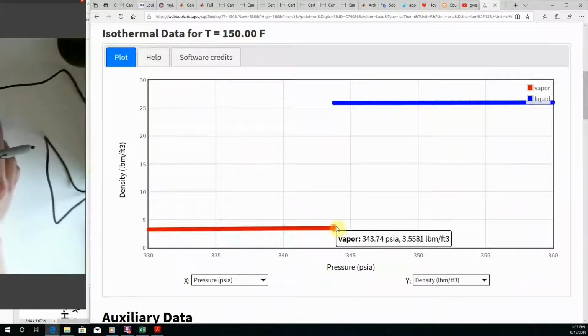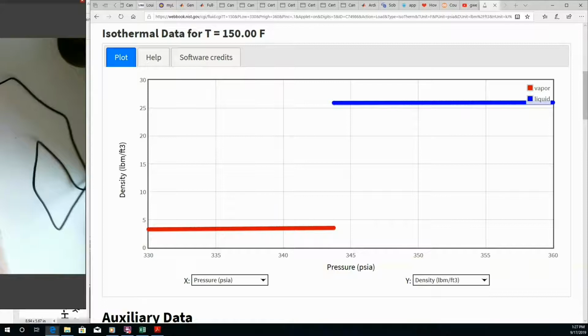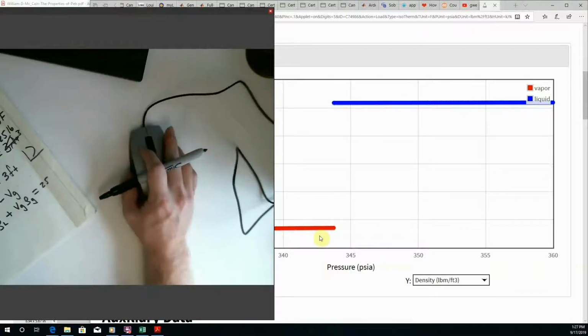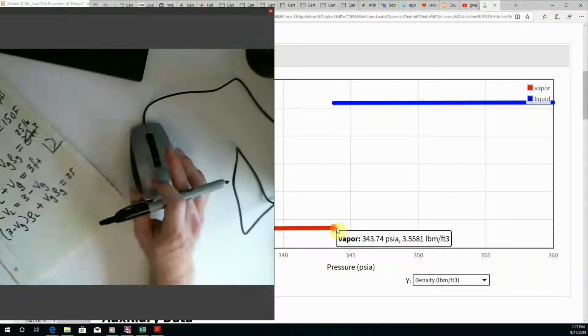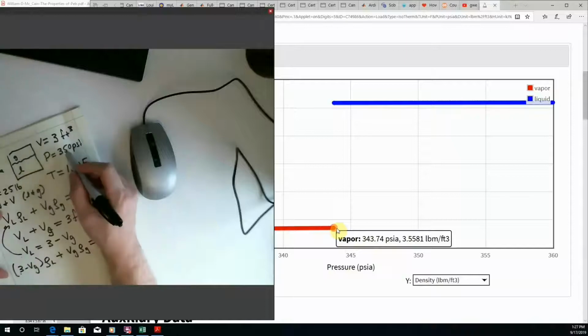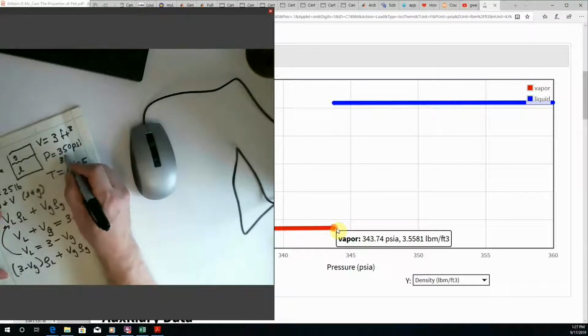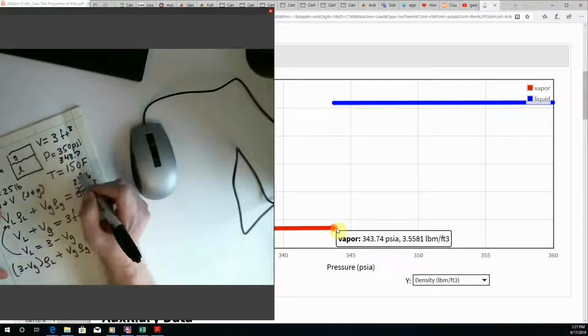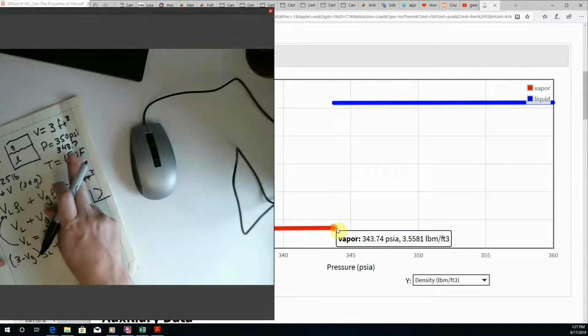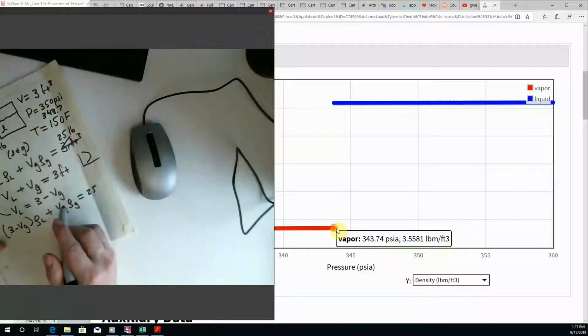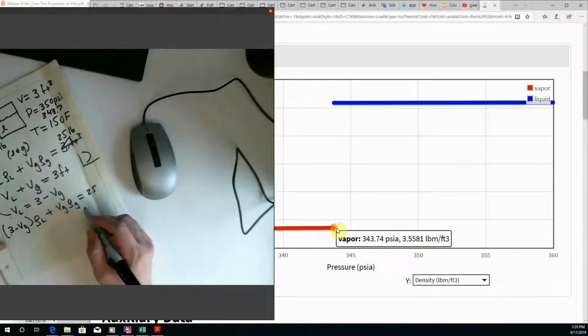So here's the plot we got earlier. You can see the actual vapor pressure is right at 343.7. So we can see this value we're reading off the Cox chart is kind of crappy. 343.7 is our real value. That just shows you the accuracy of Cox charts. And now this is giving us the density of our liquid phase and vapor phase.